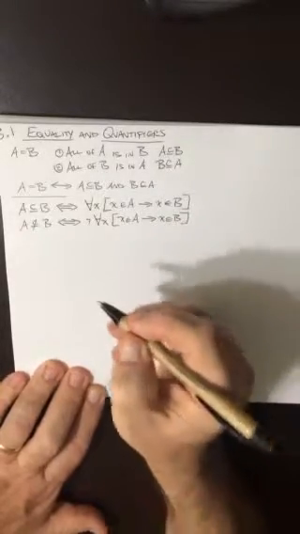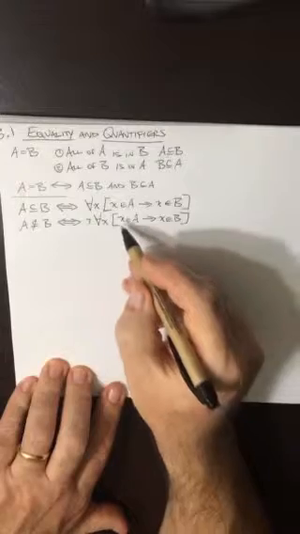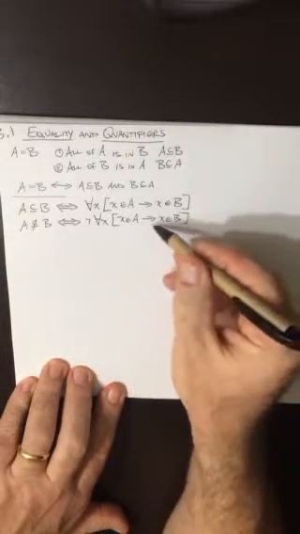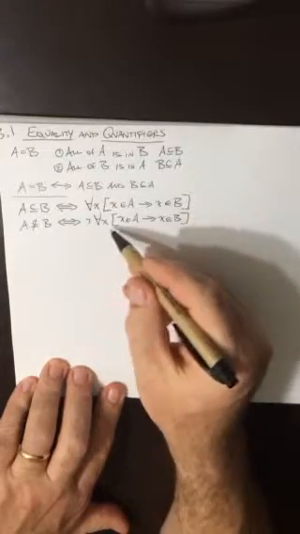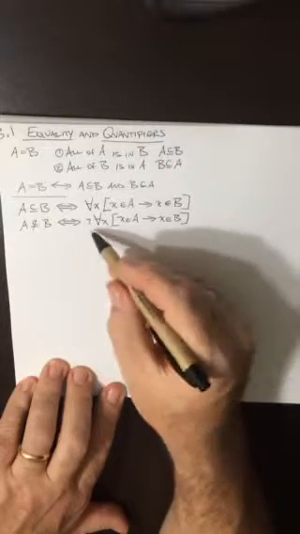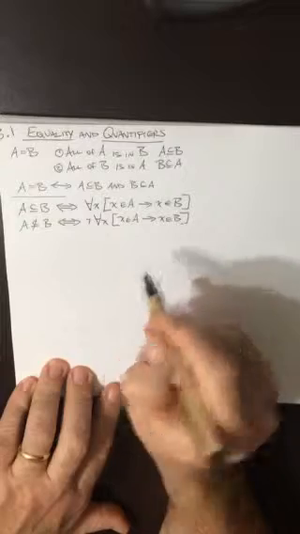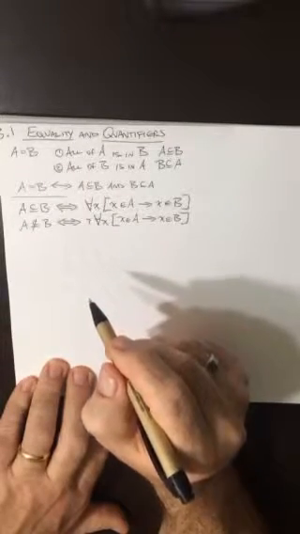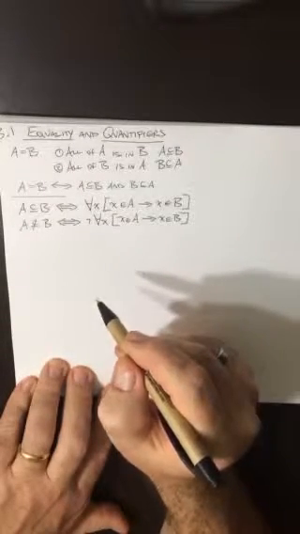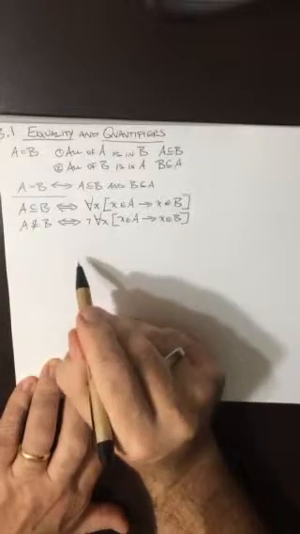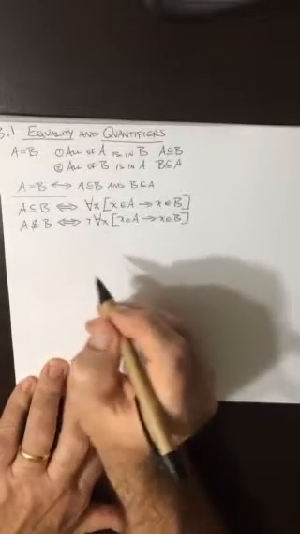So here we go. If you want to pause the video and go ahead and negate this, just to make sure you remember how this is done, we're going to negate this universal quantifier. We're going to take this negate symbol right out here and we're going to work it through. So if you want to pause the video, go for it. Okay? All right.